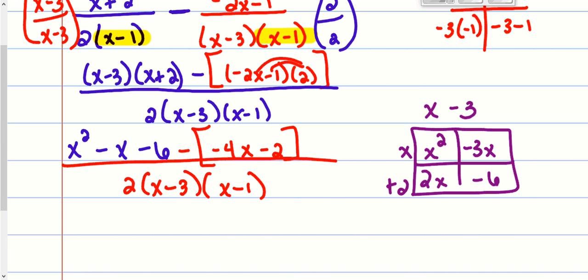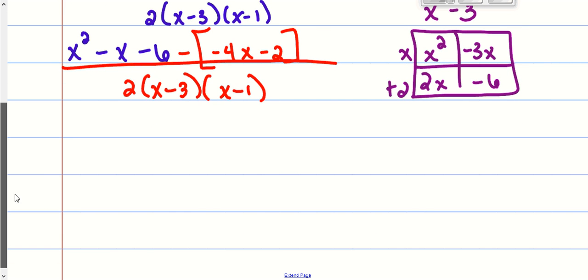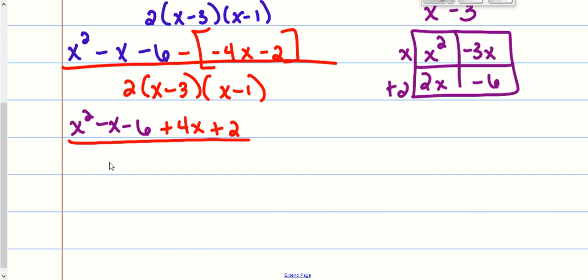All right. Now we can distribute our negatives. So we have x squared minus x minus 6. And when we distribute that negative, negative times negative 4x is going to be positive 4x. Negative times negative 2 is positive 2. Over, so right now let's just leave this as 2 times x minus 3 times x minus 1.